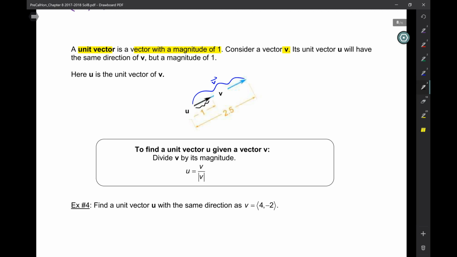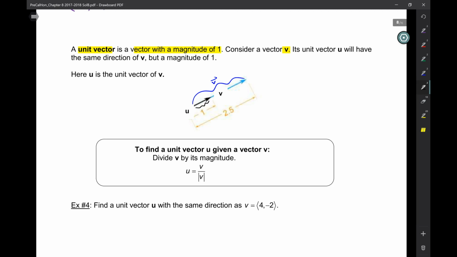So if I were to take out a ruler and measure v, it's 2.5 inches or centimeters or whatever. u is the same direction, it's just got a length of 1. So in order to make v into a unit vector, am I changing the direction? No. I'm just changing the distance. What can I do to this 2.5 in order to make it a 1? Divide by 2.5, divide by the magnitude.